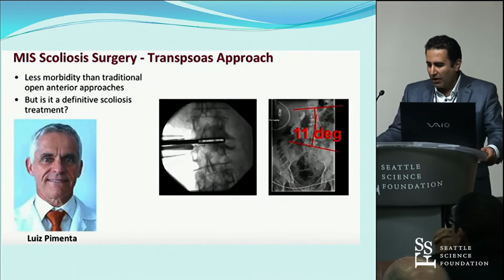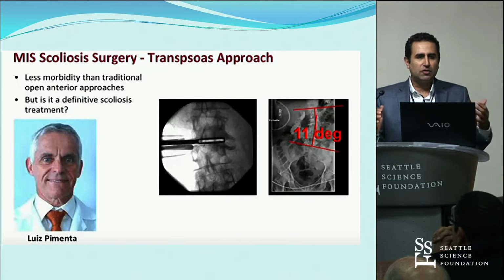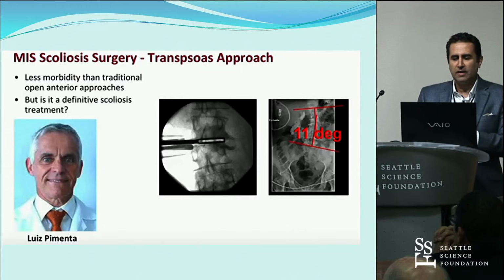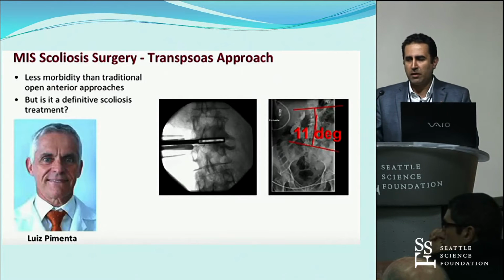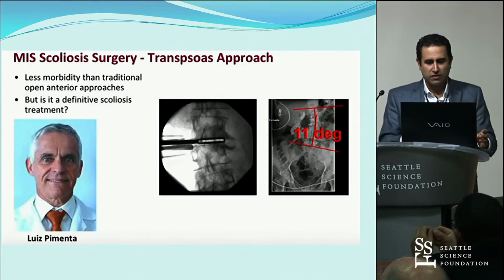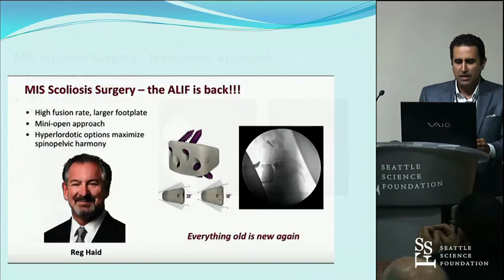Then Luis came along and created a revolution by being able to deal with the interbody on a minimally invasive basis. And that became part of the mainstay of treatment for deformity, or part of deformity correction. But can you still correct a whole scoliosis with a lateral interbody alone and nothing else?